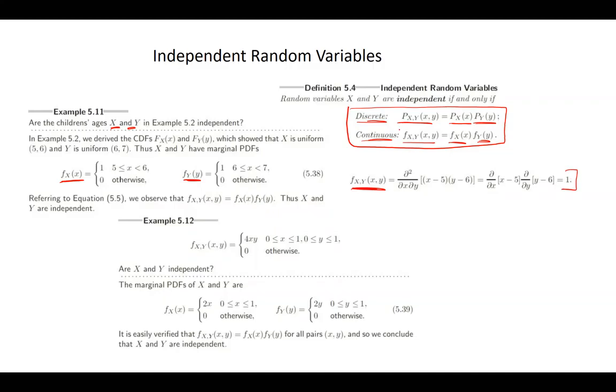Now we simply check this condition. So this is 1. Fx of x, here it is 1. And fy of y, it is 1. Okay. So 1 is equal to 1 times 1. Then x and y are independent.